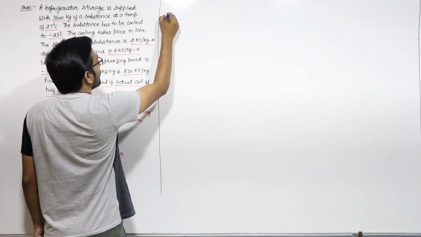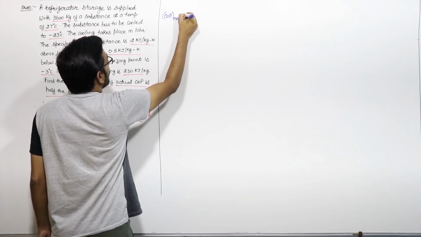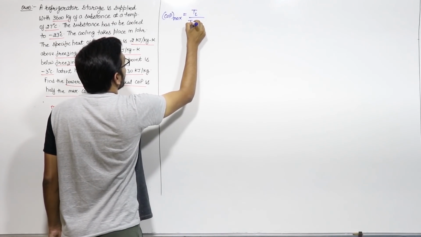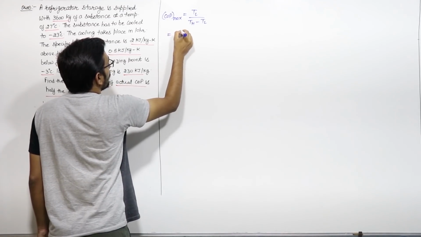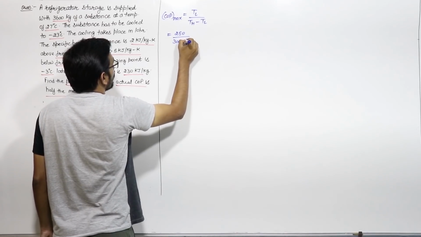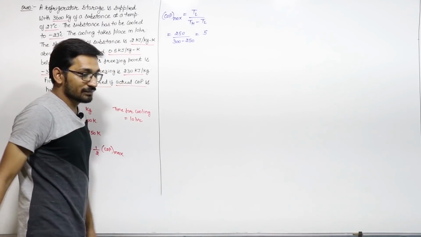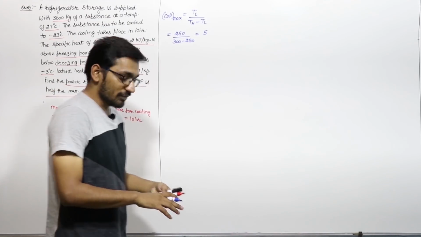So we know that the maximum COP will be equal to lower temperature upon higher temperature minus lower temperature. This will be equal to 250 upon 300 minus 250. This will be equal to 5. So the actual COP will be equal to half of this.